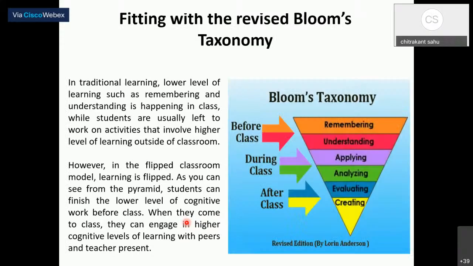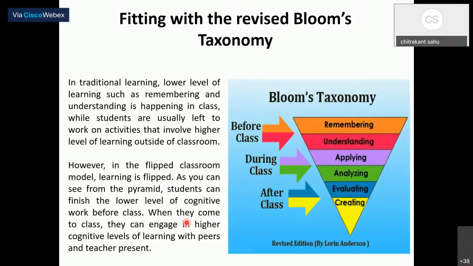If we talk about Bloom's taxonomy, the general convention is from remembering, understanding, applying, analyzing, evaluating, and creating. But here Bloom's taxonomy is reversed, because it is a flipped classroom, where the contents are available with the students beforehand.